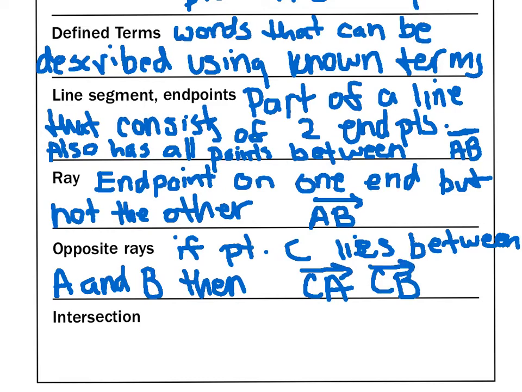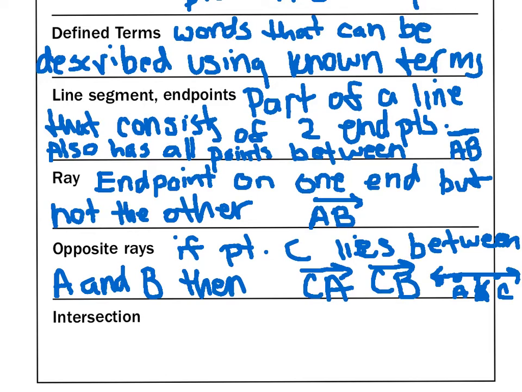So let's draw a picture of that. So if we have a line here, we've got three points, A, B, and C. Then, oops, no, B is right here. I'm not even reading right, am I?